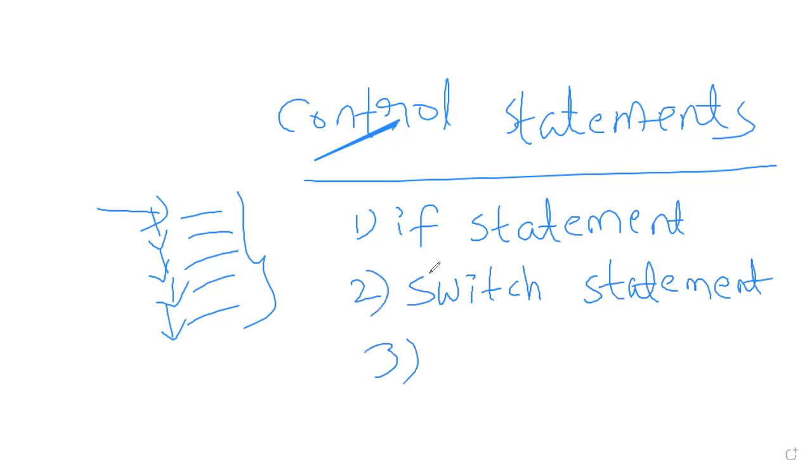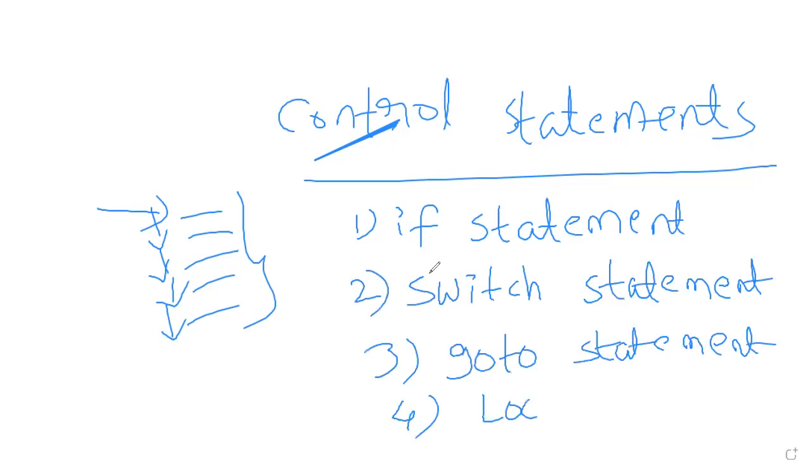Next, the goto statement. Goto is a single word. And next, looping statements. So these are the different types of control statements.